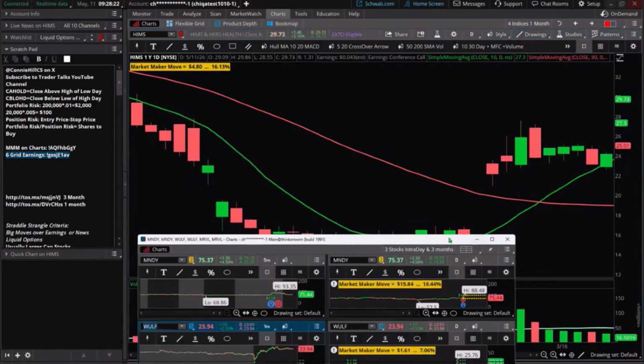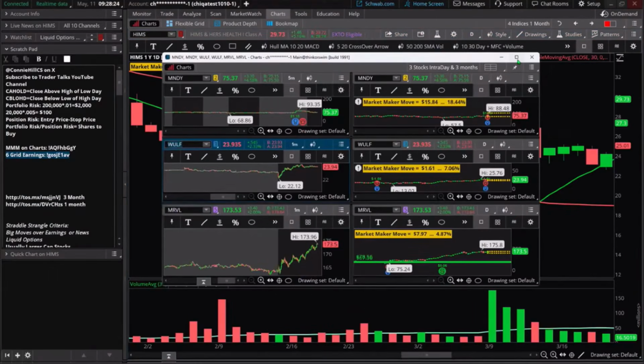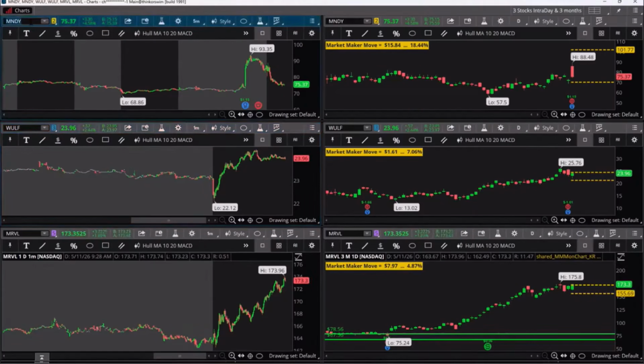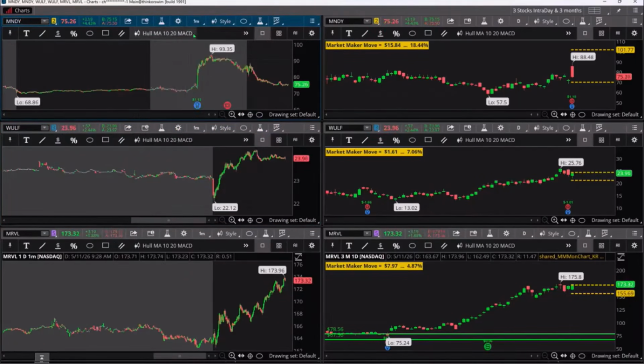And this is the graph that I'm sharing with you. It's a grid. On the top grid, we have a ticker symbol, which is Monday. In this chart, this says 5 days, 5 minutes, and that's because I manually changed it. Really, it's a 1 day, 1 minute chart.